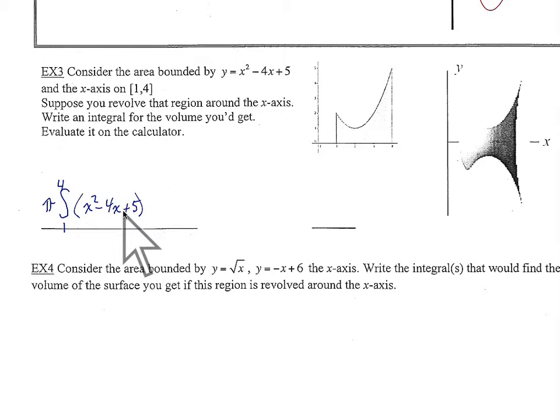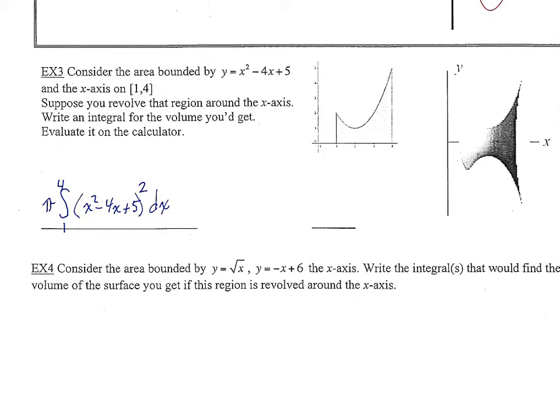So we're going to do pi r squared. So we square the radius, and we multiply that by dx. Now, to do this by hand, you would need to square this out. You would end up with all of those terms, and then you find the antiderivative of each of the terms. It would be long and a tad bit tedious.